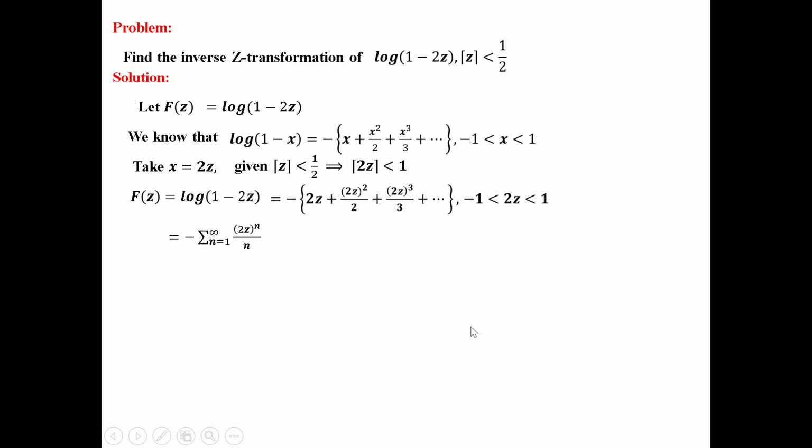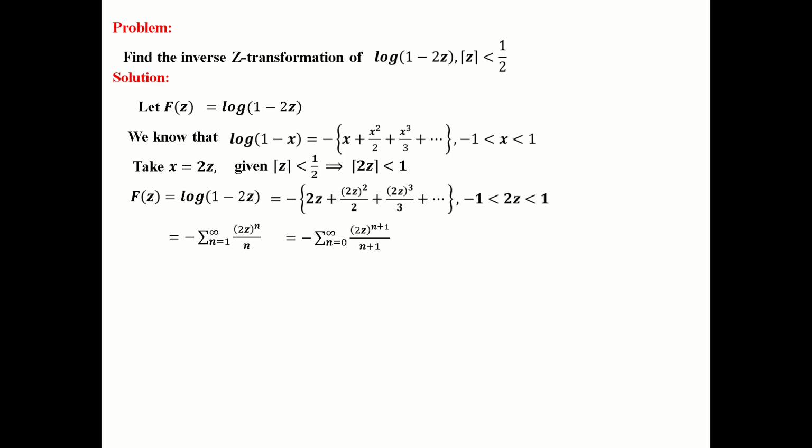The log(1 minus x) expansion is possible only when x lies between minus 1 and plus 1. That is why we conclude that 2z also lies between minus 1 and plus 1. So this can be written as minus, taking the minus outside, summation n equal to 1 to infinity (2z) power n by n.